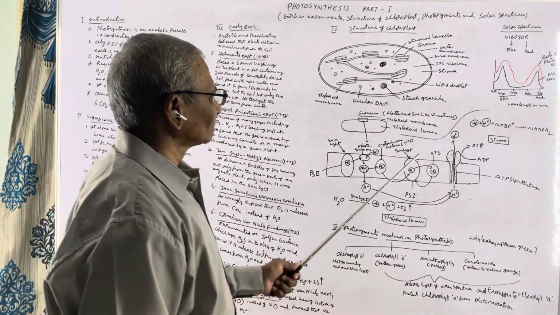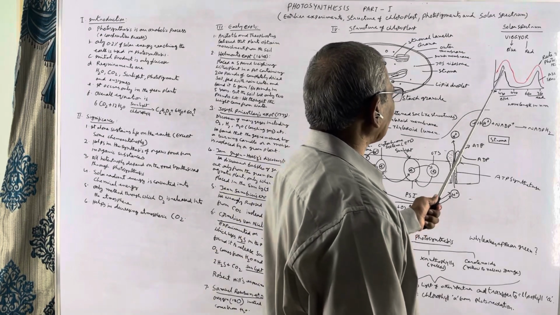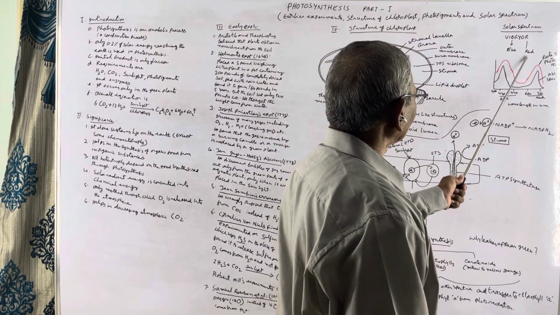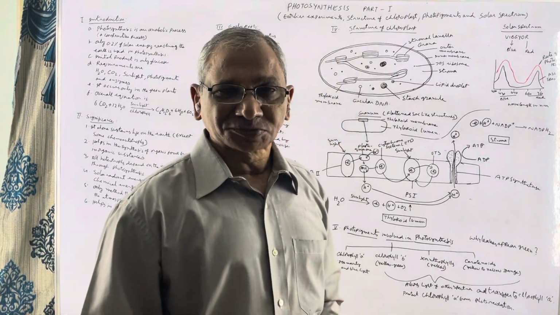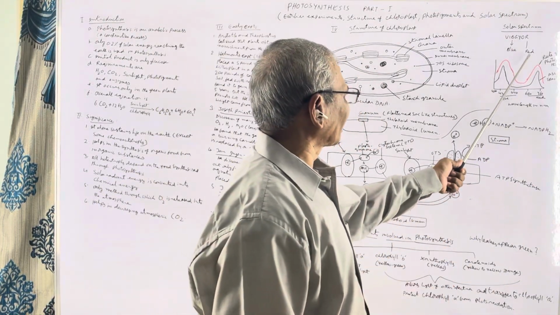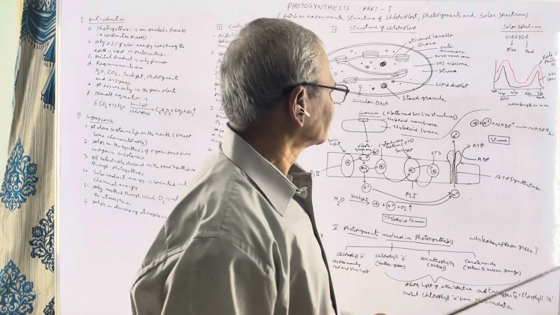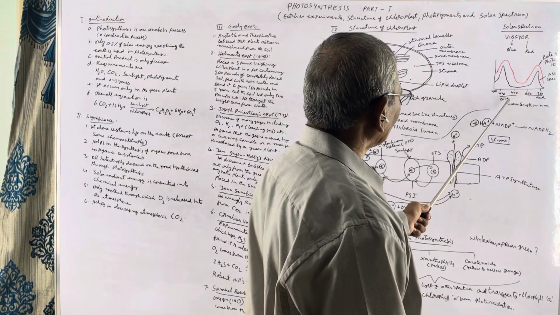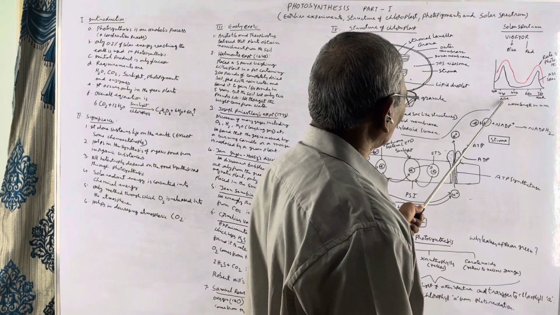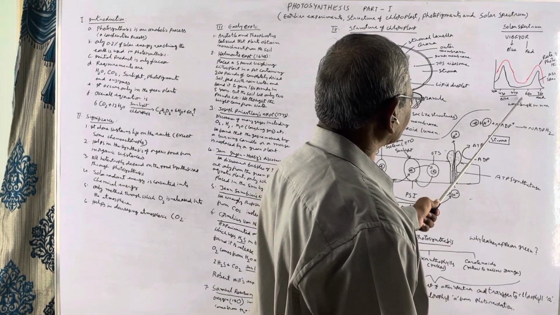Then, during photosynthesis, mainly the blue light and red light are applied, or blue spectrum and red spectrum are employed. So I have given the wavelengths here. The blue spectrum has a wavelength from 430 to 470 nanometers.